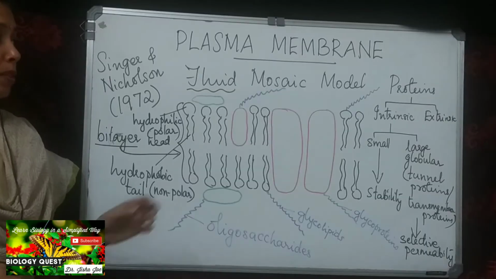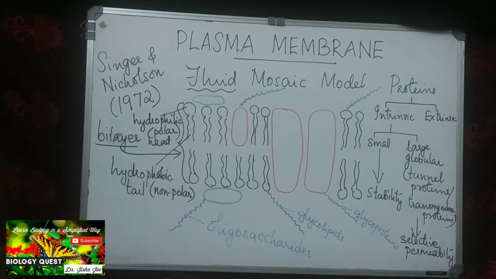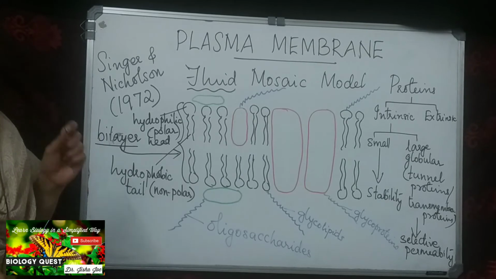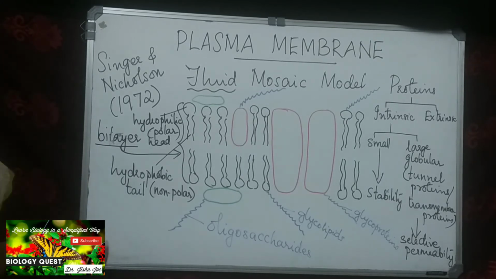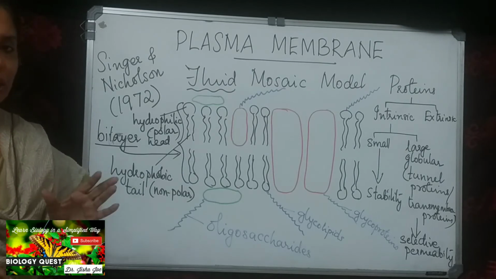Now, the quasi-fluid nature of the plasma membrane enables the cell in its growth, helps in secretion, endocytosis, cell division, as well as in the formation of intercellular junctions.